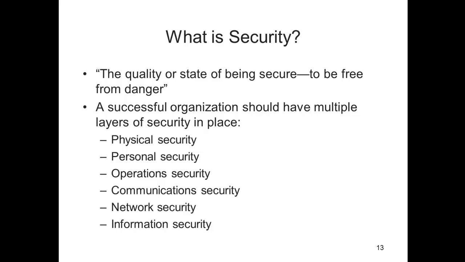Operations security protects the details of a particular operation or series of activities. Communications security protects the organization's communications media, technology, and content. Network security protects the networking components, connections, and contents. And then information security looks at the protection of the information that's used across the organization's networks.